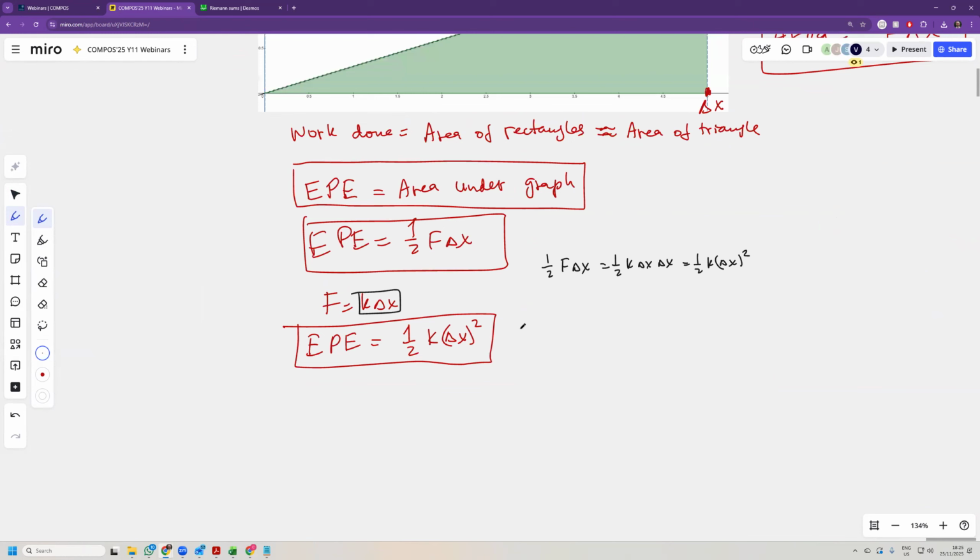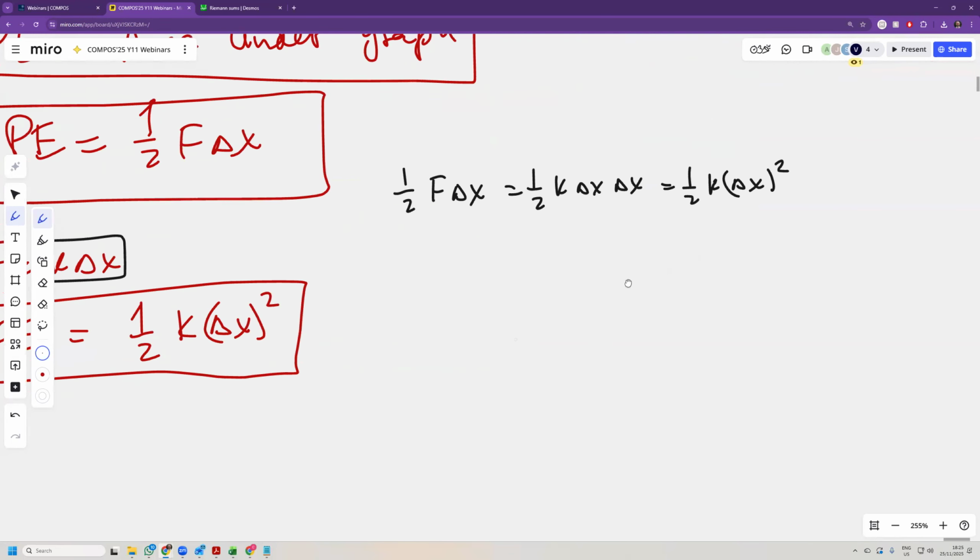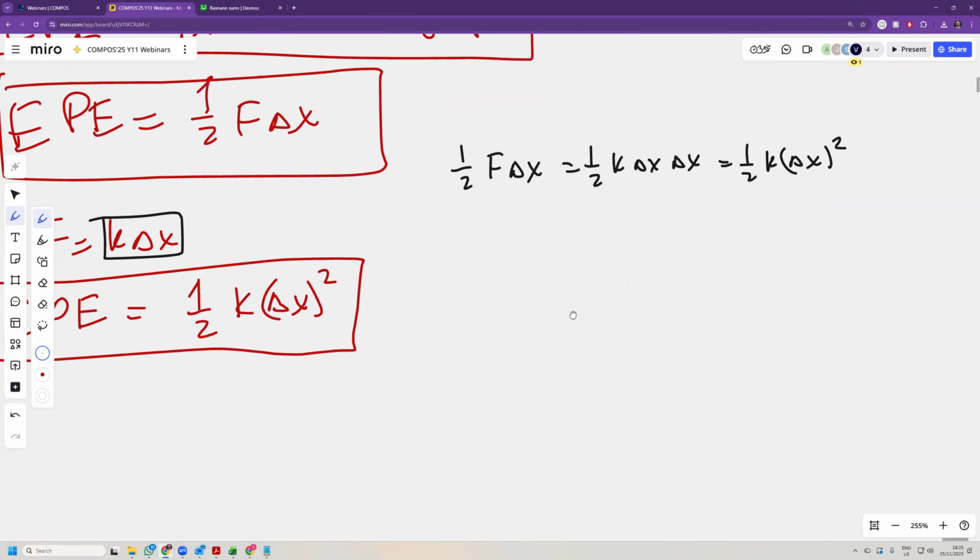What is x? Delta x is the extension of the spring. x typically is the coordinate. It depends on your definition. How do we define it in our assignment? Let me just double check the assignment.